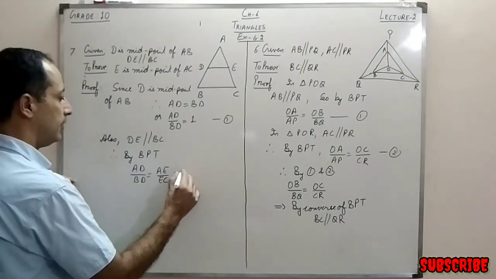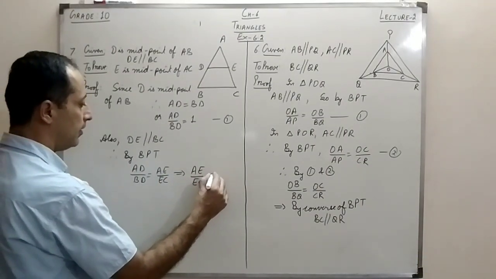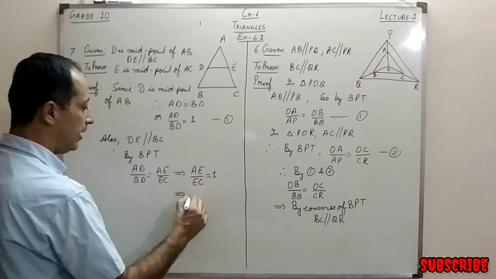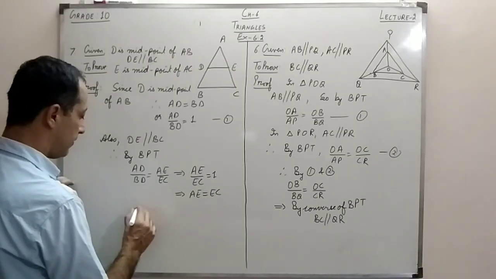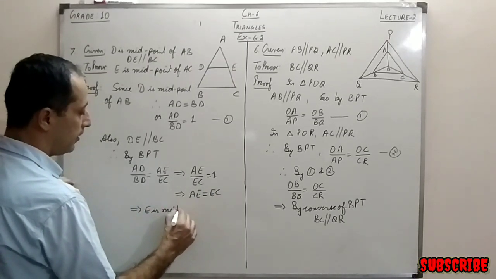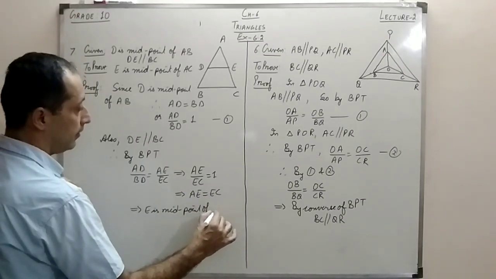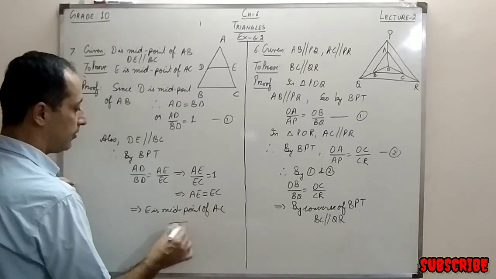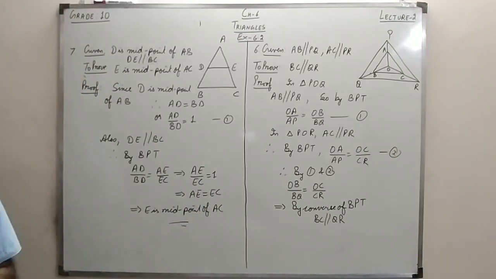This means AE by EC is also 1. And from here I get that AE is equal to EC. This means E is midpoint of AC. Alright, so this is the proof of this seventh question.